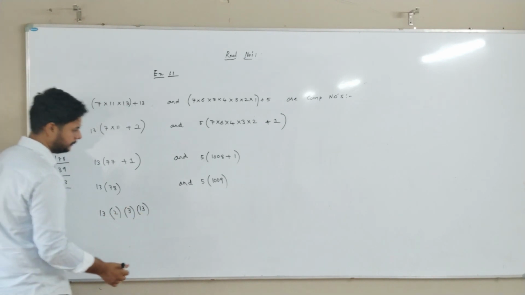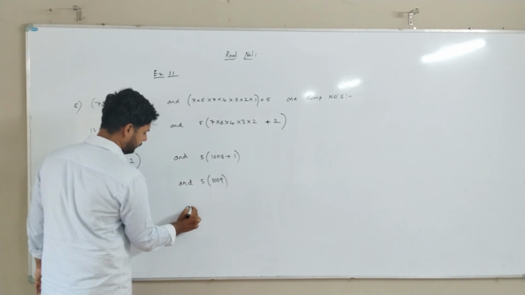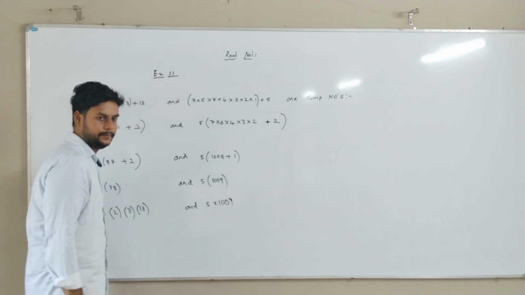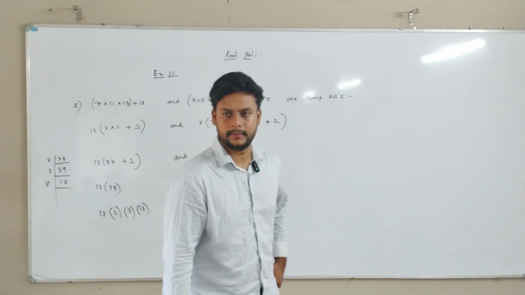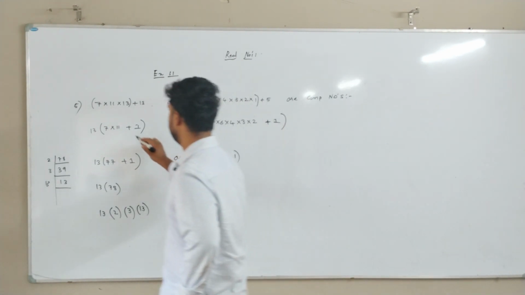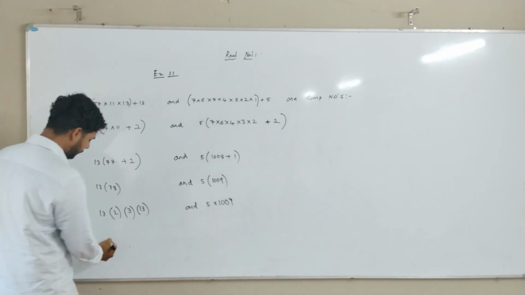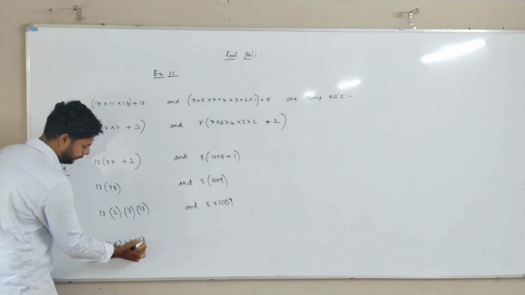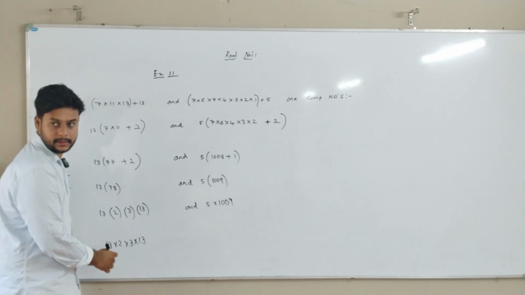These are the prime factors, and this can be written as only 5 into 1009. 1009 is a prime number. So this number, if you add and see, can be written as 13 into 2 into 3 into 13. Are all these prime numbers? These are all prime numbers.